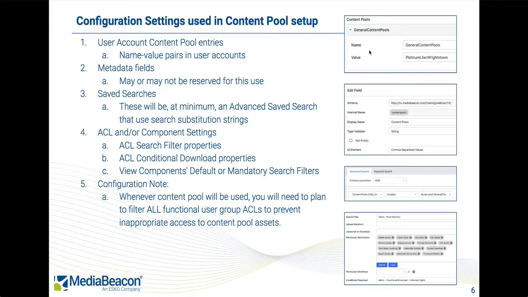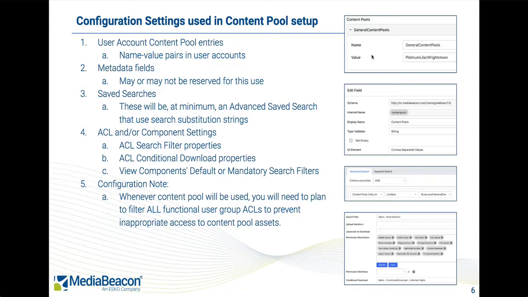So if I was to tag an asset with a value of platinum lilac writestown, for example, that would identify it as being part of a pool. You can consider the name of the pool either the value name, which I think is easier to talk about, or you can consider the pool the namespace. But because most people will be tagging with those values, it's useful to think of this identifier as being, quote-unquote, the pool.